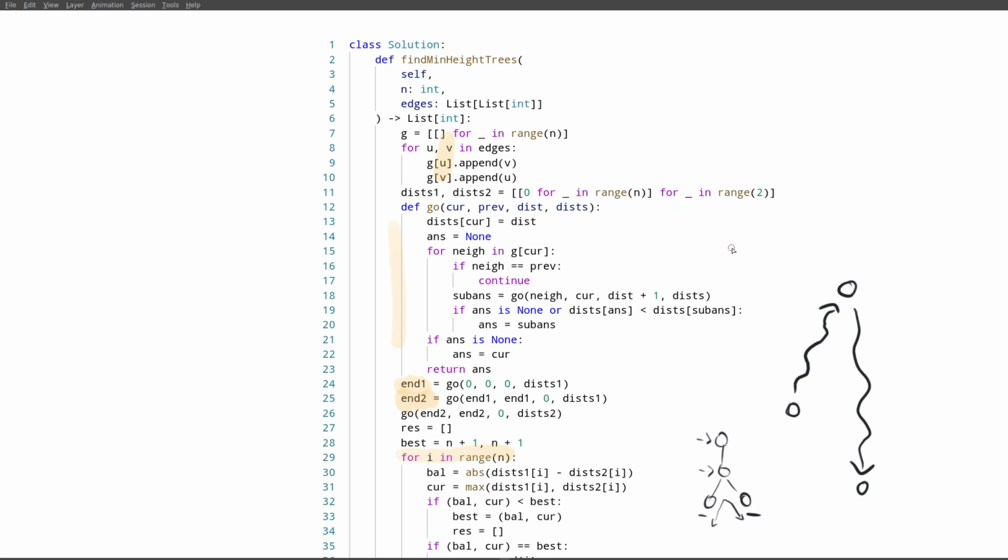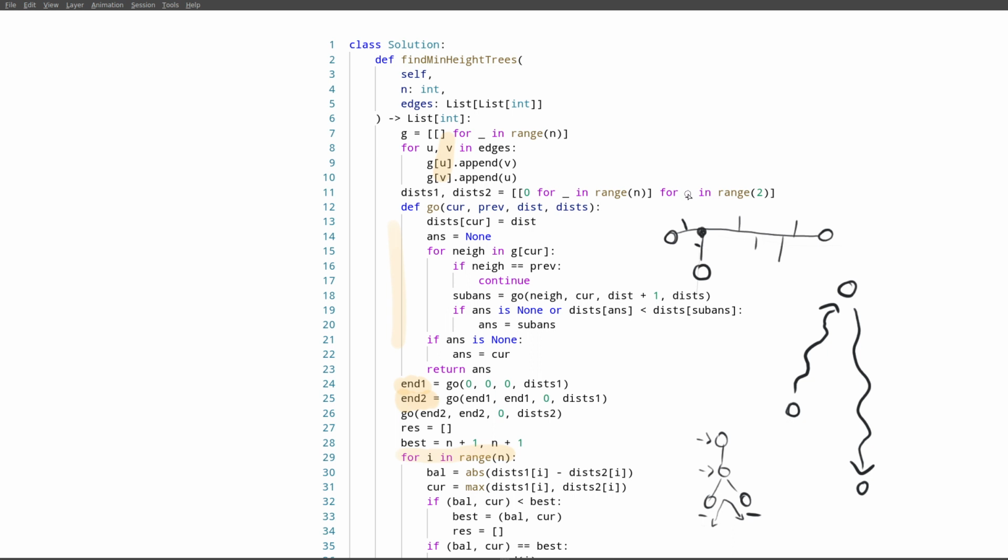Probably the easiest way to think about it, and I encourage you to think about it if you haven't already, is to look at this tree as starting on one end, ending at the other end, and there can be some legs coming out of this caterpillar, short legs, long legs, and the central idea is that when you look at this point where a leg comes out of the caterpillar, then this distance cannot be greater than this distance, because otherwise this would be a longer diameter.